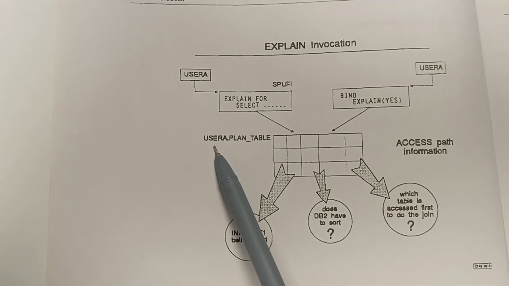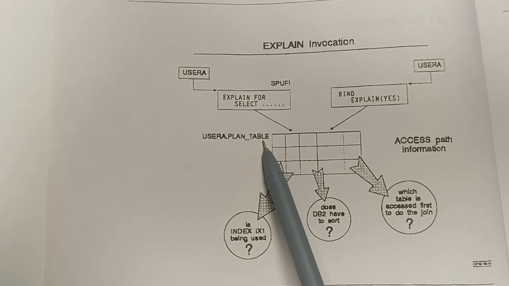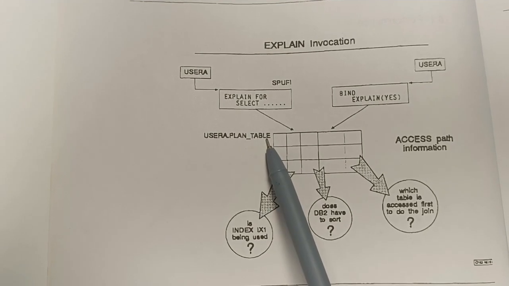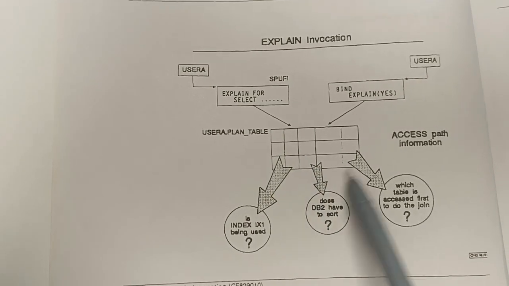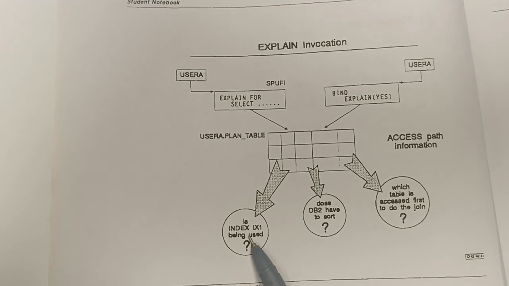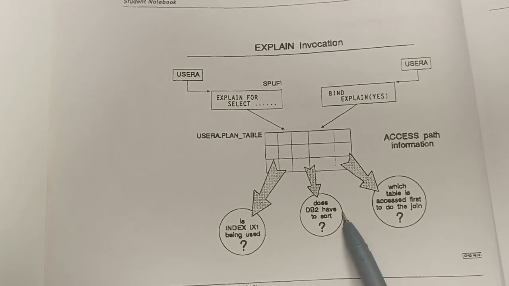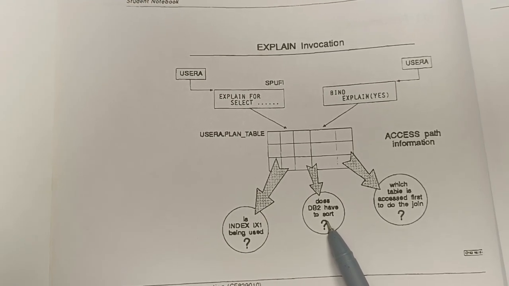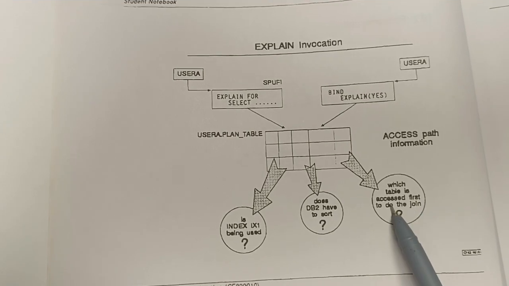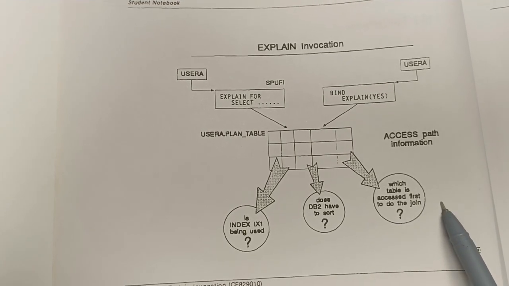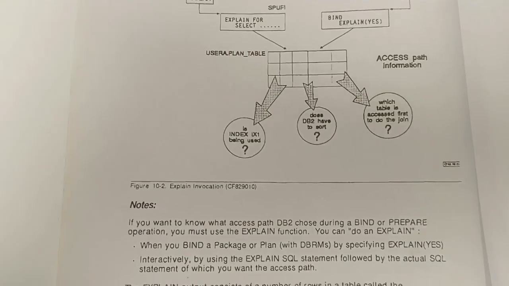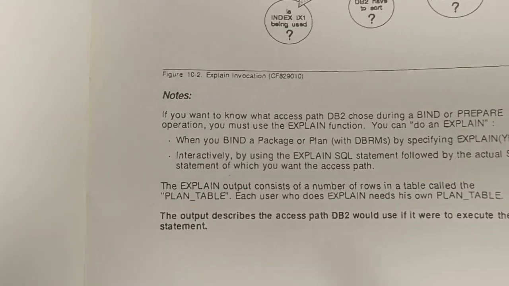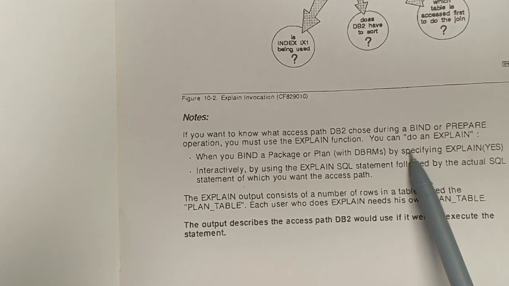How to access the plan table: by using userid.PLAN_TABLE. This table has all the access path information, like which index you are using, how DB2 sorting has been done, which table access method and join method are being used. These are some of the major explain functionalities.